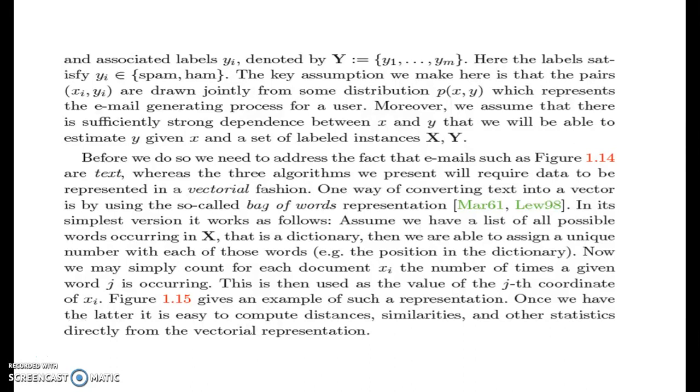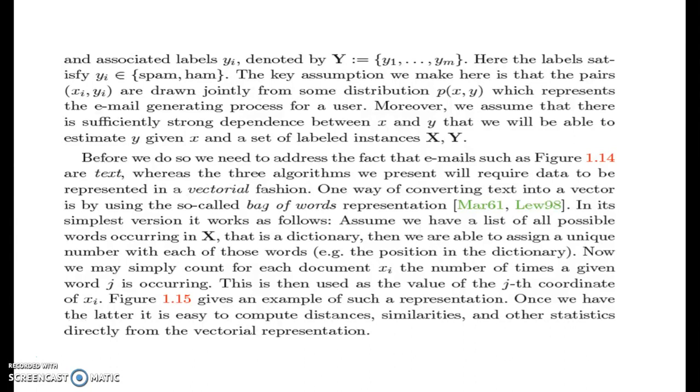Assume we have a list of all possible words occurring in X, that is a dictionary. Then we are able to assign a unique number to each of those words. And now we may simply count for each document xi the number of times a given word j is occurring, then used as the value of the jth coordinate.